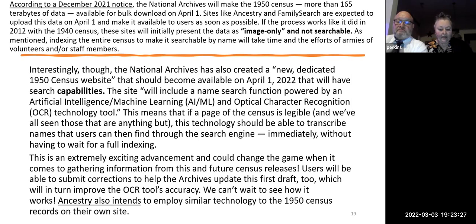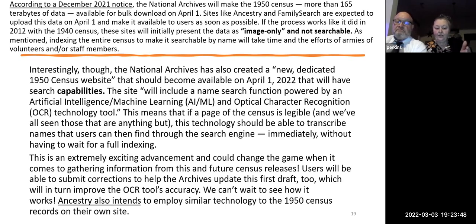And I'm sort of excited about this because technology has taken a huge step here. There will be a first pass already done by the National Archives. I'm going to refer to them as NARA from now on. That is done by AI, ML, and OCR. Now, what does that mean?